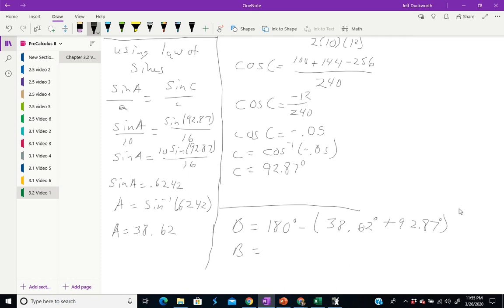So B comes out to be 48.51, I believe. So these are the three angles that we didn't know, and let me write the symbol there as well. These are the three that we didn't know. Again, we knew all three sides, so now the triangle is solved.